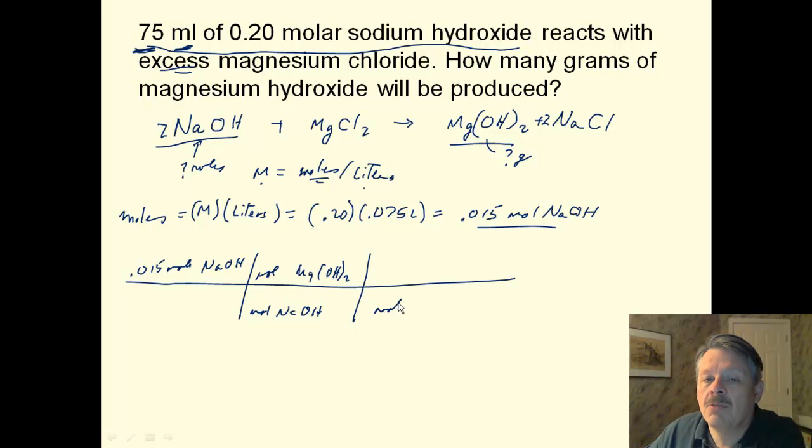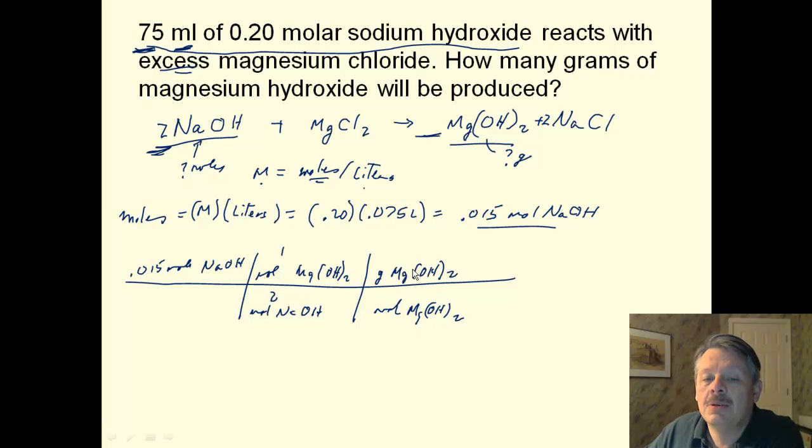And then I have to go from moles of magnesium hydroxide to grams of magnesium hydroxide. And then I'll be done. All right, well, what's my ratio of sodium hydroxide to magnesium hydroxide? Well, that's 2-to-1. That's pretty easy.